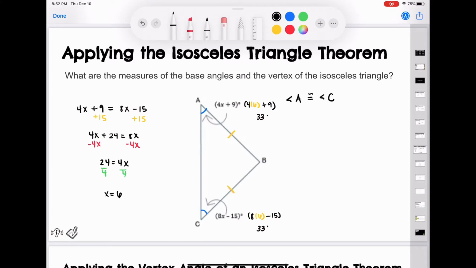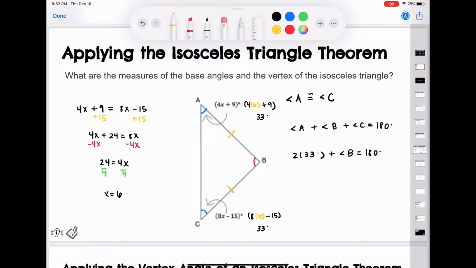But I'm also being asked to identify the vertex angle, or the measure of angle B. Well, a unique thing that I know about triangles is that all the interior angles must equal 180 degrees. So when I add angle A plus angle B plus angle C, I have to get 180 degrees. If I know that A and C are equal to 33, then I can solve for angle B like this.